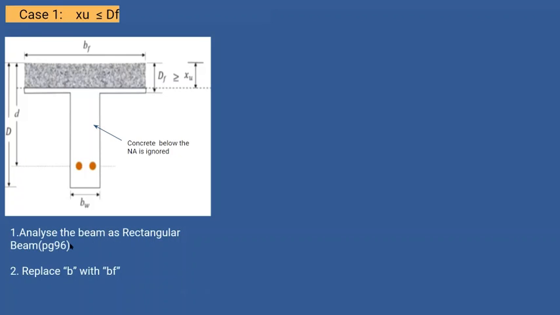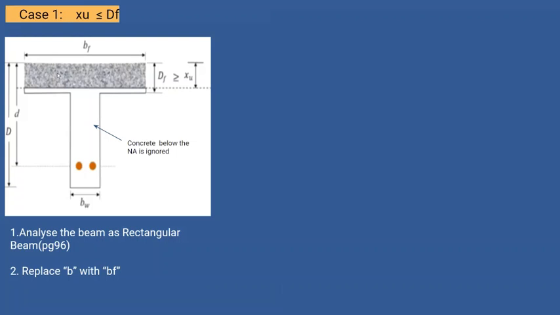Now in this situation what will happen? You will analyze the beam as a normal rectangular singly reinforced beam जो हम लोग करते थे, पेज नंबर 96 में होगा, तो उस हिसाब से ही करेंगे. कब करेंगे? If Xu is less than or equal to Df.